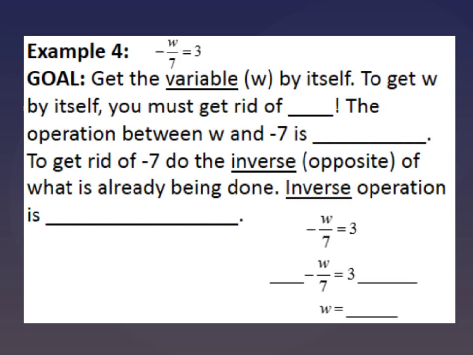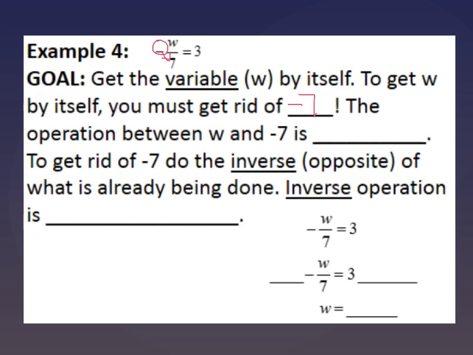And now for our final example, example 4, negative w divided by 7 equals 3. If we want to solve for w, we've got to get the variable w by itself. And to get it by itself, you must get rid of negative 7. Since there is a negative sitting out here, we bring it down next to our constant, not with our variable.